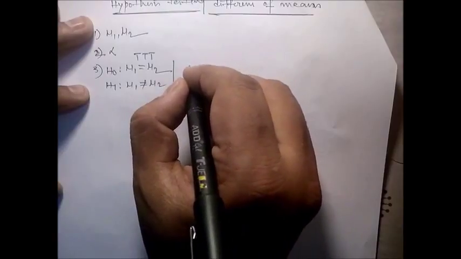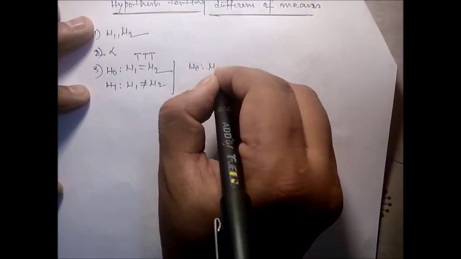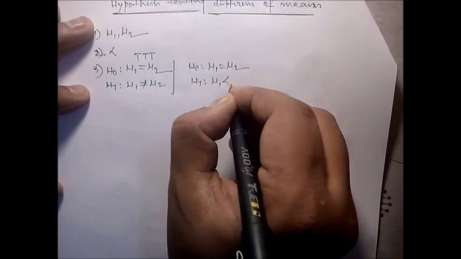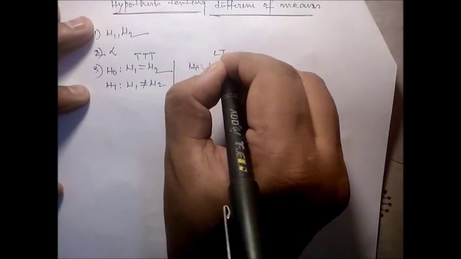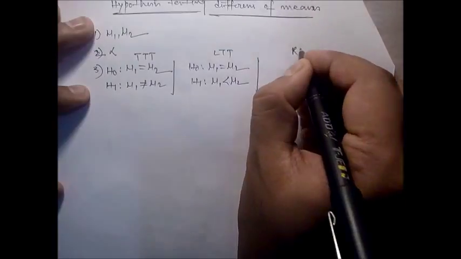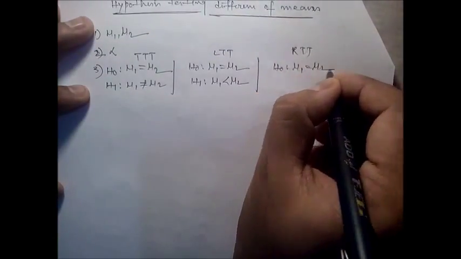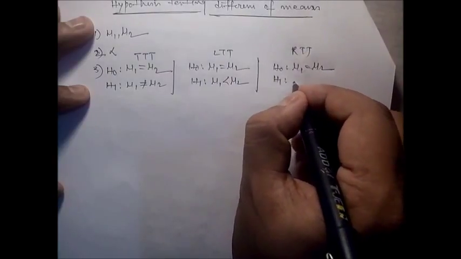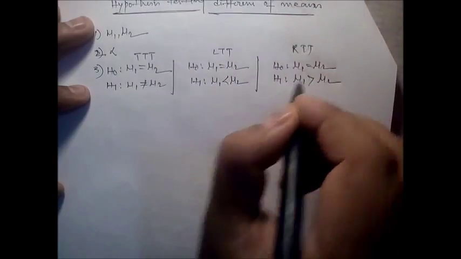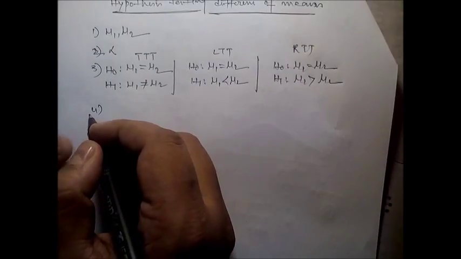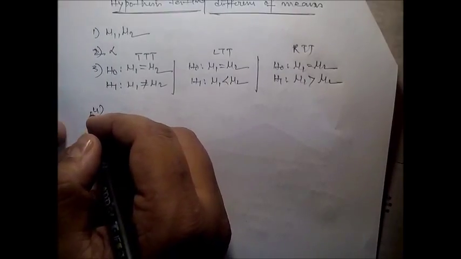For a left tail test, H0 is mu1 equals mu2, and the alternative is mu1 is less than mu2. For a right tail test, H0 is mu1 equals mu2, and the alternative is mu1 is greater than mu2. Then you have to calculate the test statistic.